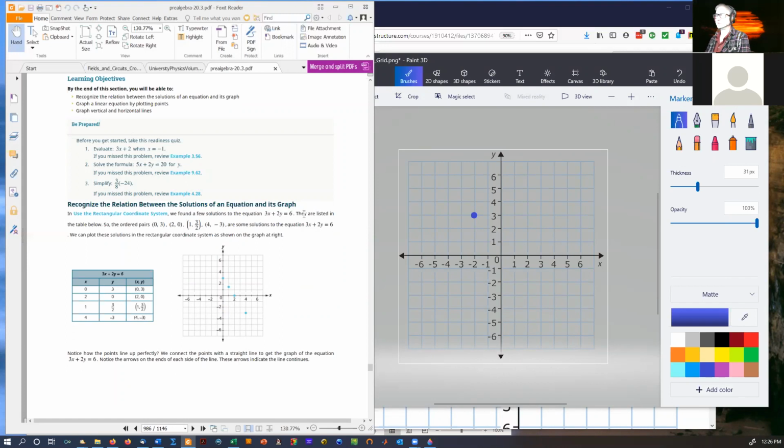And you can tell a linear equation because the exponent on the x and y are both 1, meaning they're just simple powers.